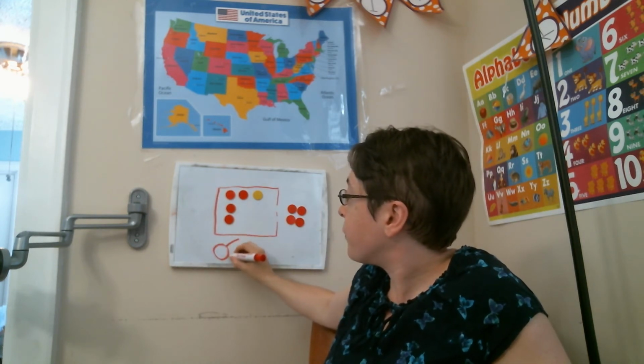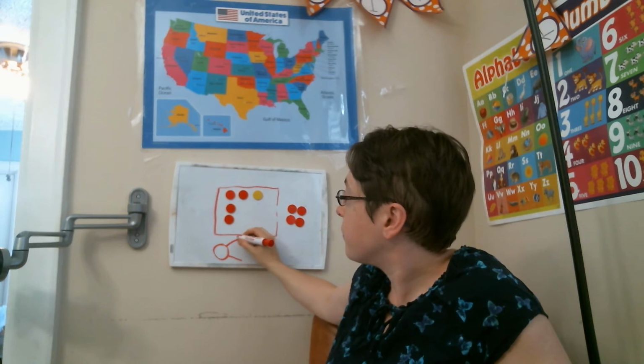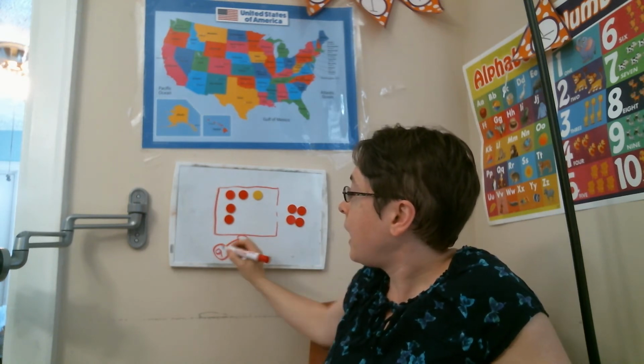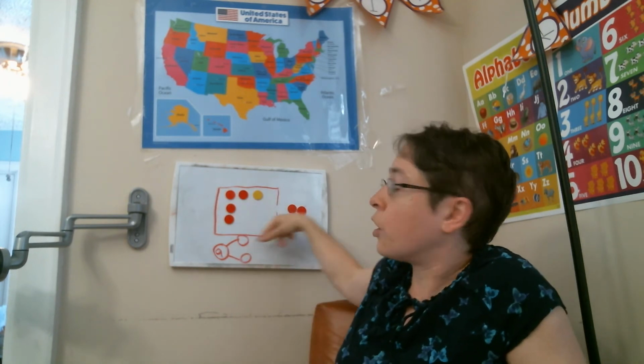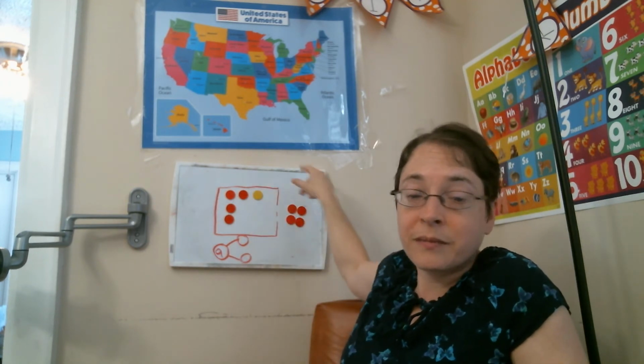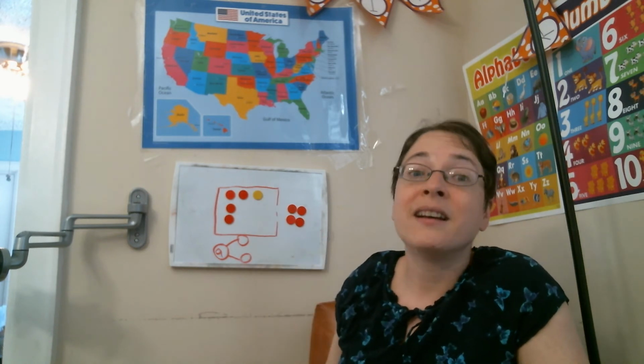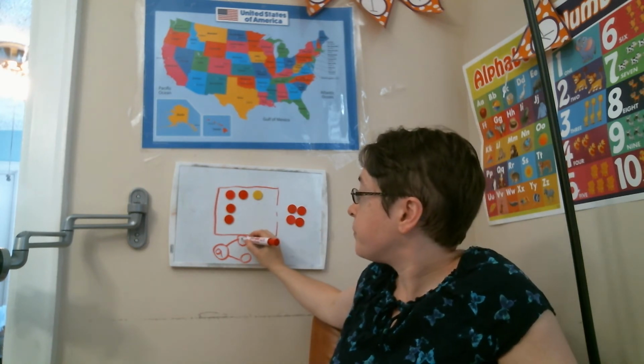We have 9 ants all together. How many are on the picnic blanket? 5.